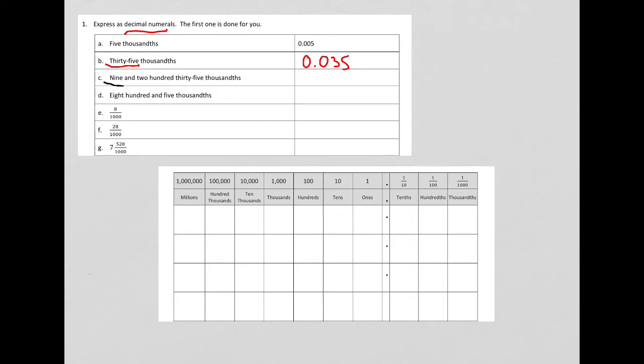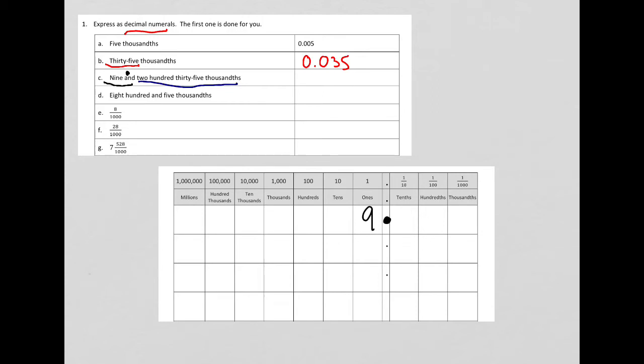We've got 9, and then I have 235 thousandths. The "and" when we're writing in word form means decimal. So that means it's going to be 9 in the ones place and then the rest of my answer. The "and" is the decimal. The rest of my number is 235 thousandths.